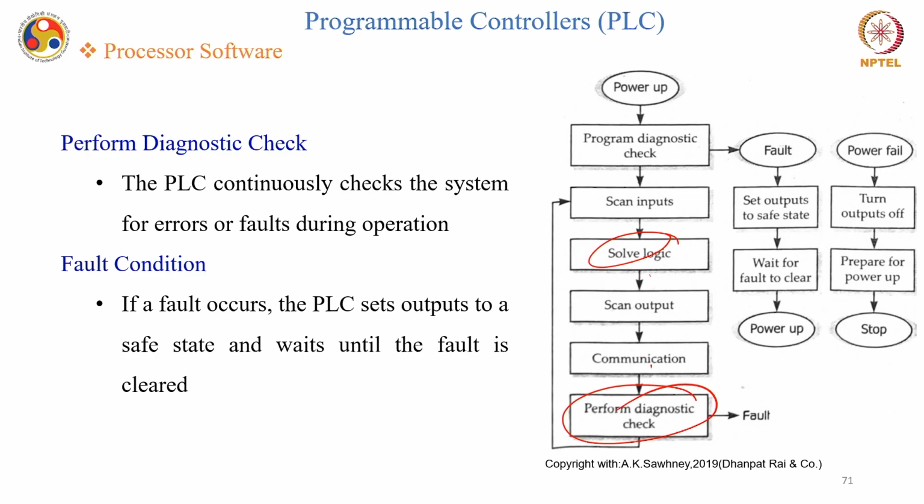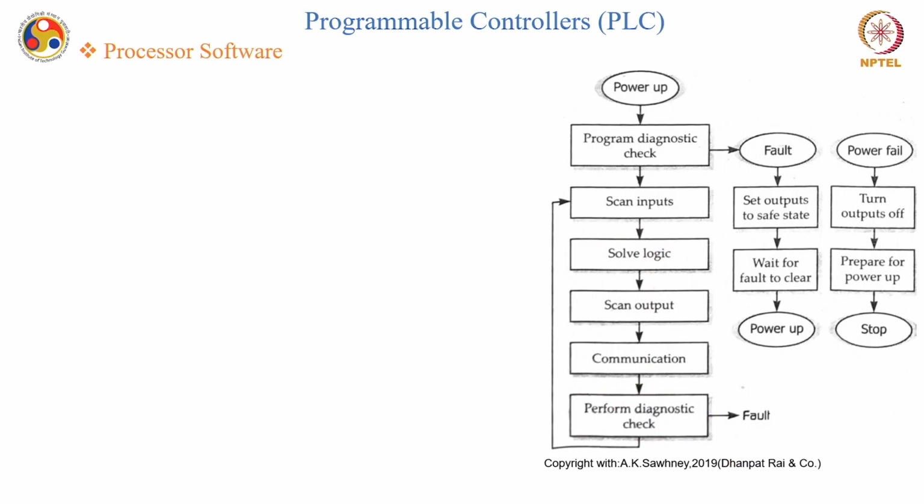The PLC continuously checks the system for any error or fault during this operation, and if there is a fault condition, the PLC sets the output to a safe state and waits until the fault is cleared.